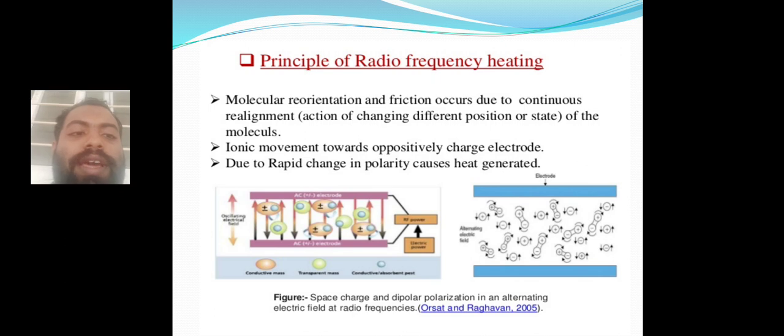As you can see in the diagram, there will be no orientation among the molecules, because by applying radio frequency, the molecules will reorient themselves, and friction will occur due to this reorientation. Because of this friction, there will be a rapid change in polarity which causes generation of heat. That is the principle of radio frequency heating. In this figure, you can see the space charge and dipolar polarization in an alternating electric field at radio frequencies.